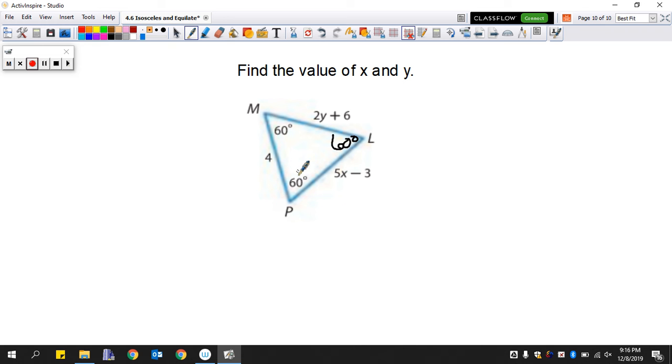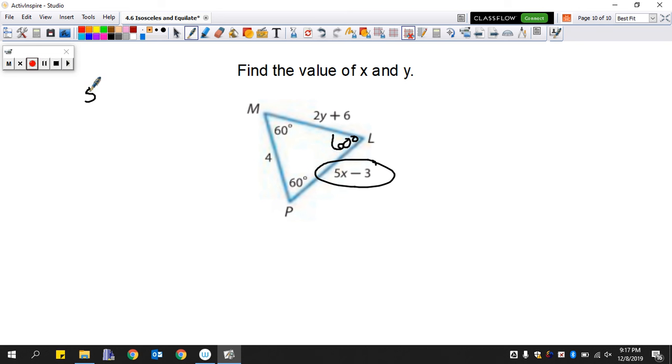We also know that the sides opposite the congruent angles are congruent, but we know that it's equilateral, so we know that this is equal to 4.